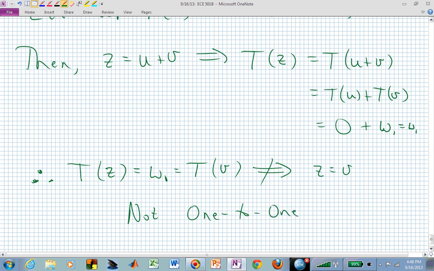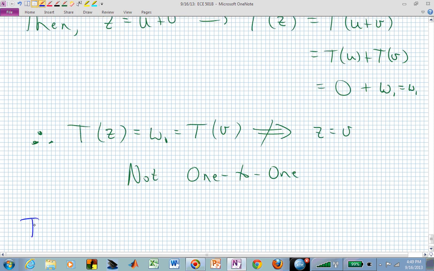We can go from z to w1. v will take us to w1. We could find another z3 and go to w1 if we wanted to. We could find all sorts of vectors that would map us to w1 if we have a non-trivial null space.